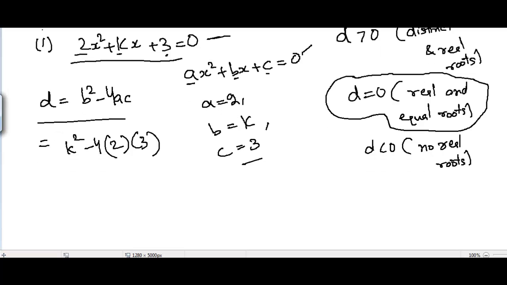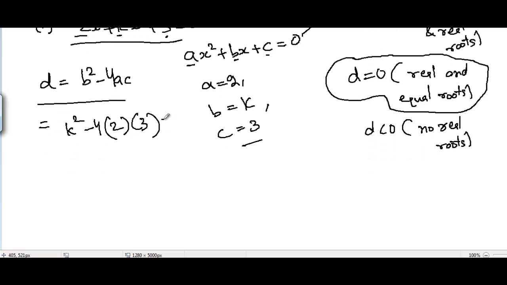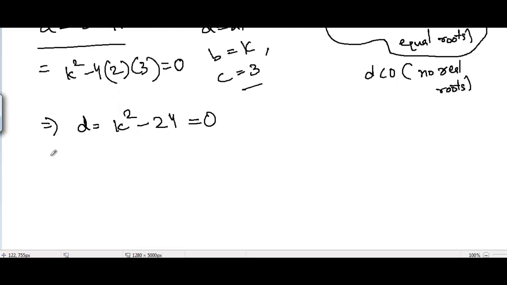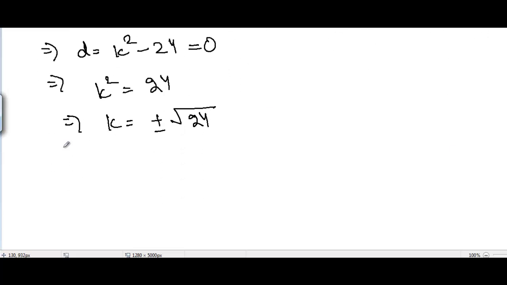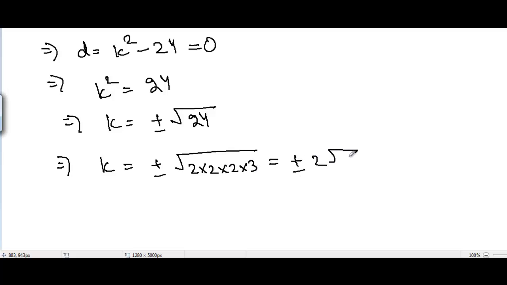Because it's given that this equation has equal roots, we have this equal to 0. So I can write D equal to k squared minus 4 times 2 is 8, and 8 times 3 is 24, equal to 0. So I get k squared equal to 24. So k is equal to plus minus square root of 24, and I can factorize 24 into 2 times 2 times 2 times 3, so it's equal to plus minus 2 square root of 6.